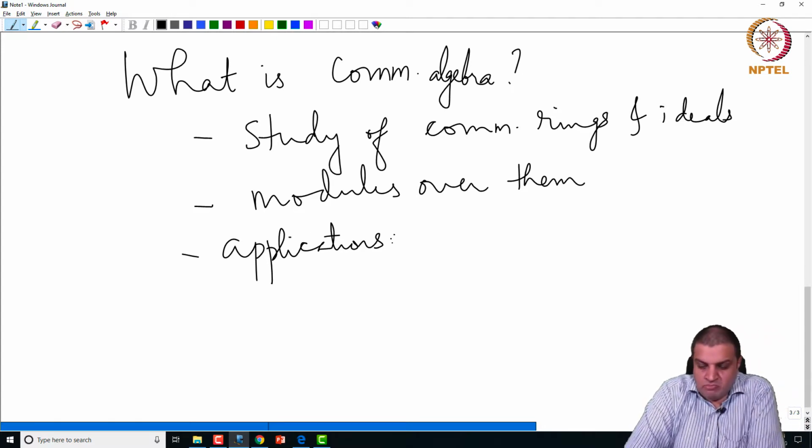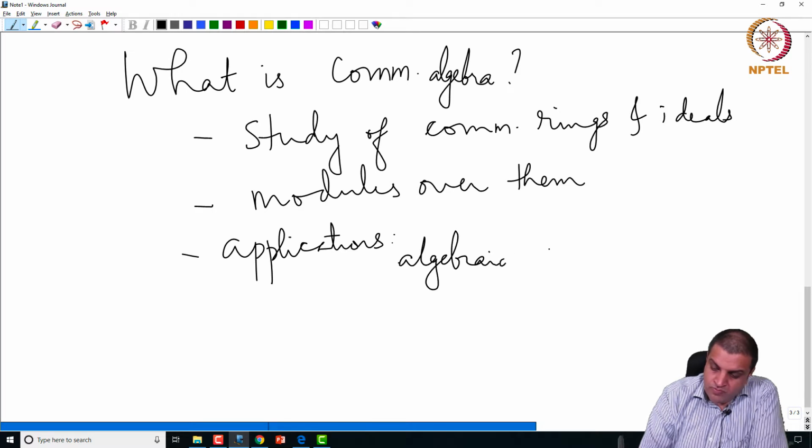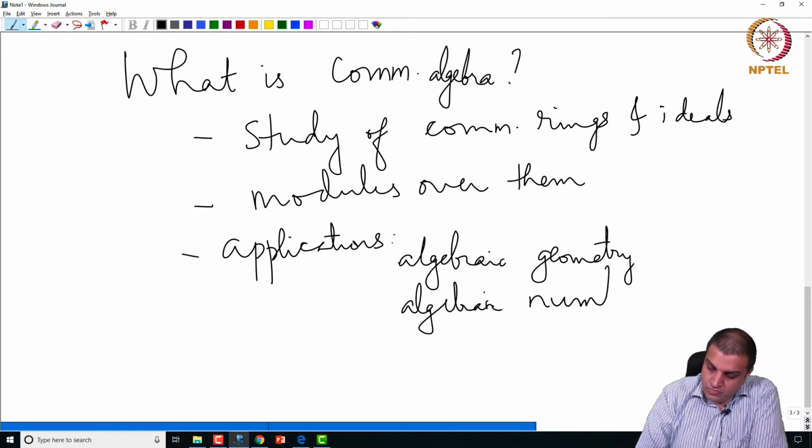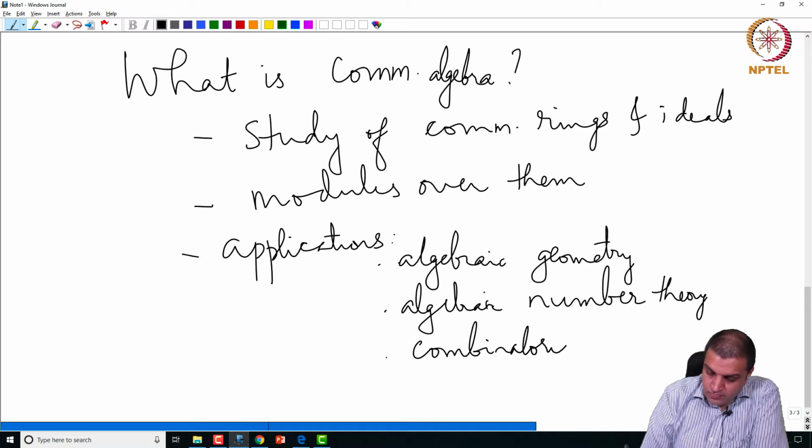Traditionally, from the 19th century, the importance of looking at some of these questions in commutative algebra came from studying questions in algebraic geometry, also algebraic number theory, and increasingly combinatorics and also algebraic statistics.